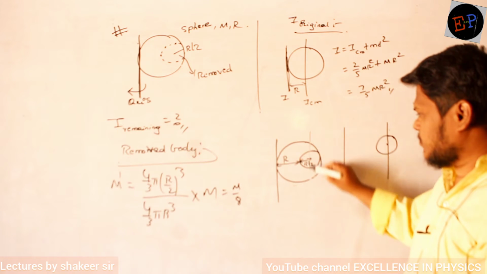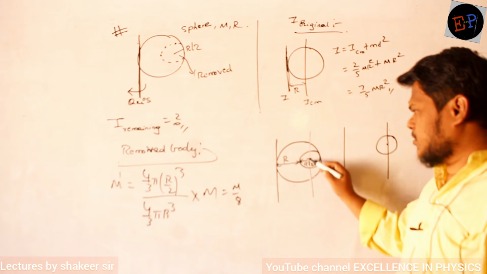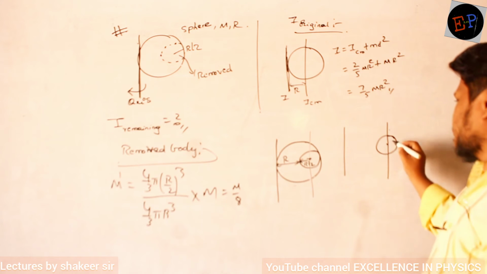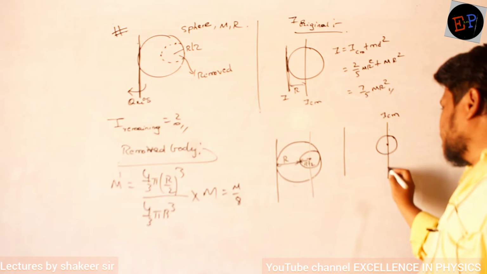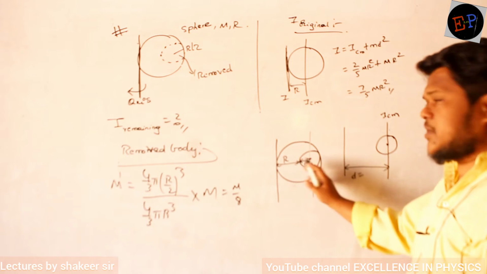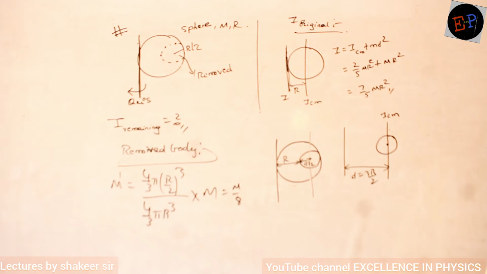If the axis passes through the center, then around this axis this is I center of mass. And what is this total distance d? This total distance d is r plus r by 2, that is 3r by 2. Understood now?